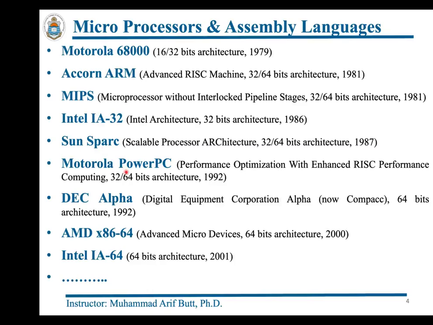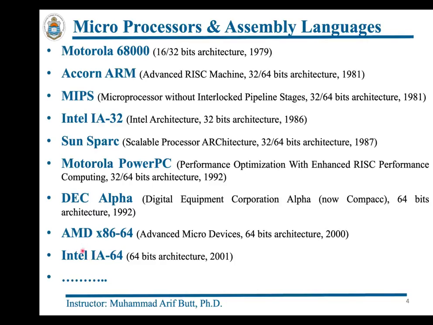Motorola PowerPC. By PowerPC I mean performance optimization with enhanced RISC performance computing, and this was launched in 1992. Digital Equipment Corporation Alpha. AMD, Advanced Micro Devices, introduced x86 64 in 2000, and Intel introduced IA64 in 2001.